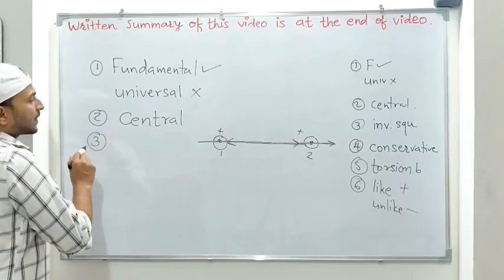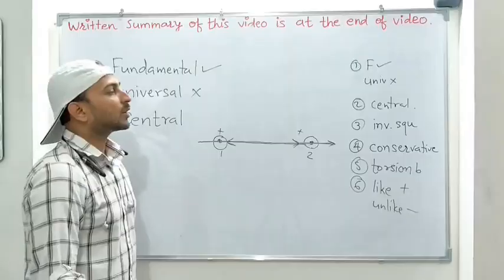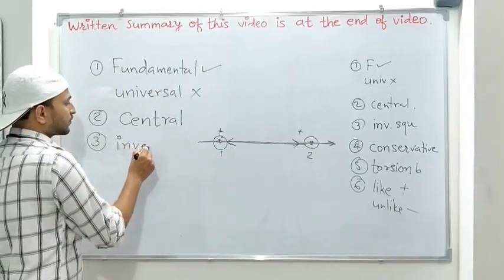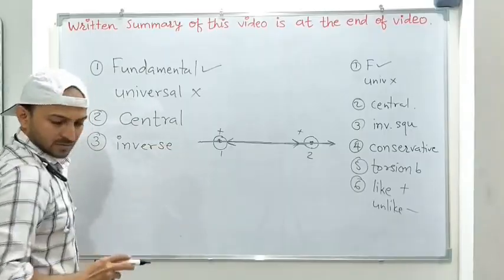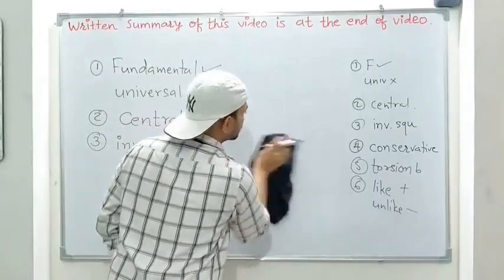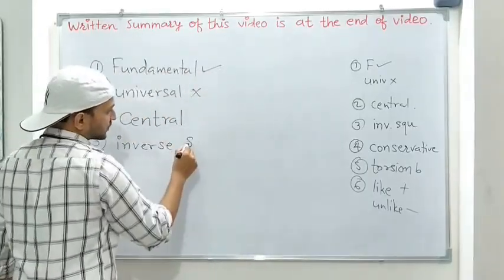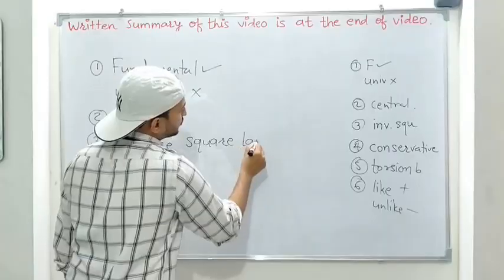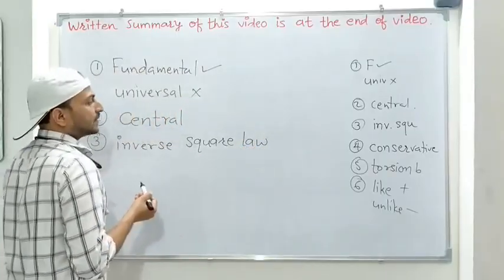Third property is Coulomb's law is an inverse square law. Why?